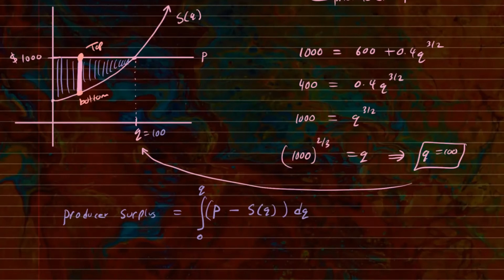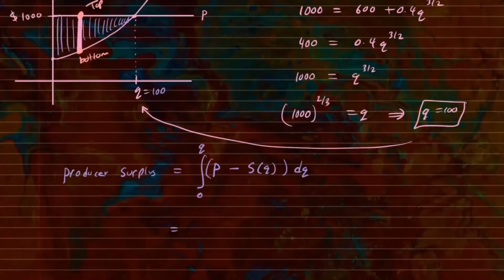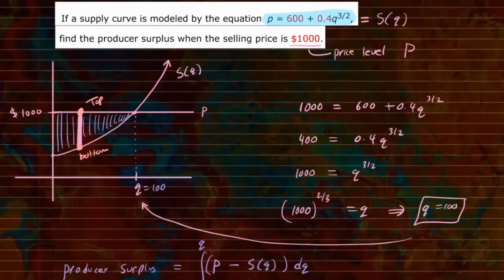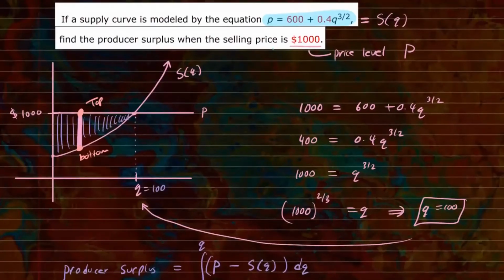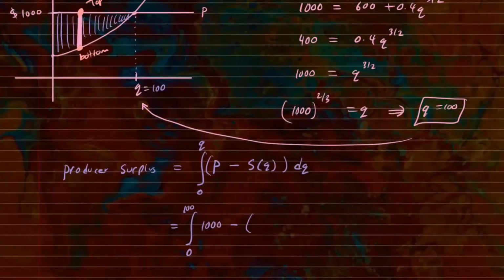Summing it up from 0 to Q will give us the exact area. Continuing on, P in this problem is 1000. We're integrating from 0 to 100 because that's the limit of integration. So P is 1000 minus S, and our S is the supply curve, 600 plus 0.4 Q to the power 3 over 2, dQ.